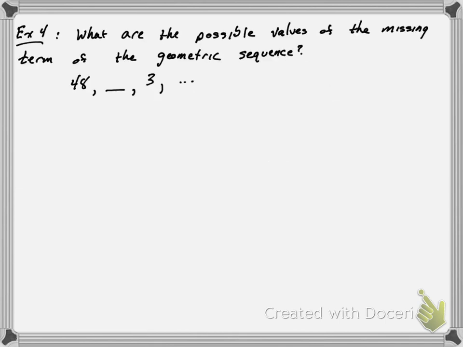Now, geometric mean is a little bit different than arithmetic mean. We've done geometric mean before, especially in geometry. Those of you that had me last year, it says, what are the possible values of the missing term of the geometric sequence? Really, what you're finding is the geometric mean. What you do is you just take the square root of 48 times 3. Multiply the two together, then you take the square root of it. So that's going to give me the square root of 144.